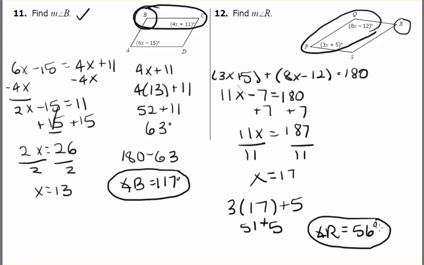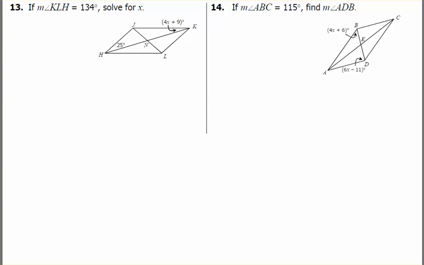So 11 and 12 use the properties that deal with angles. So they use the property that opposite angles are congruent and that your consecutive angles are supplementary. So then last but not least, let's look at 13 and 14.